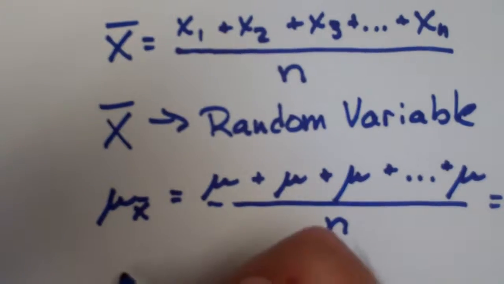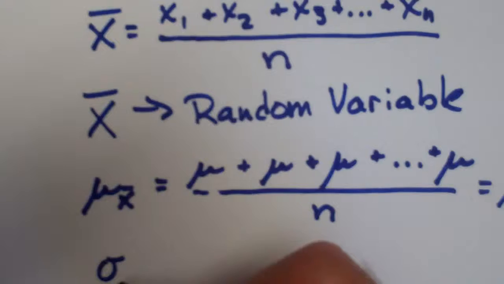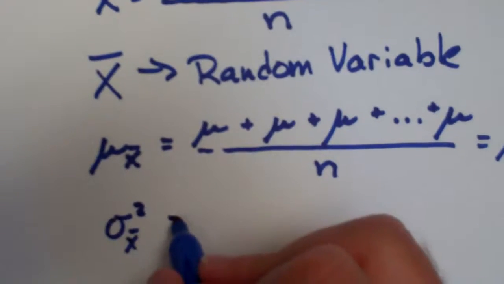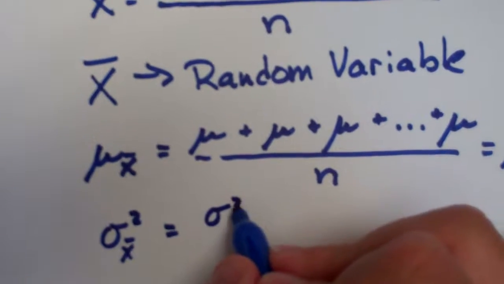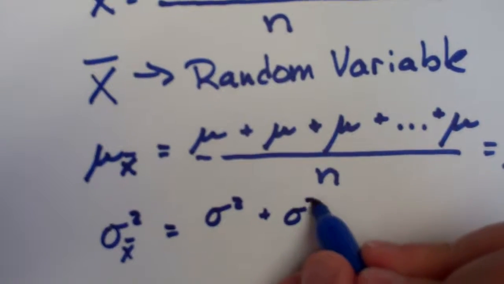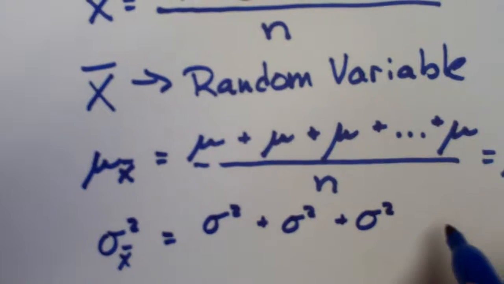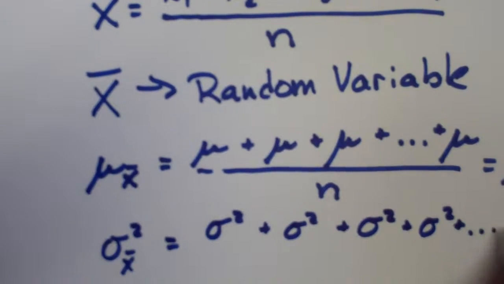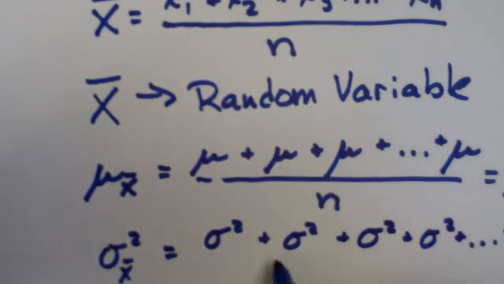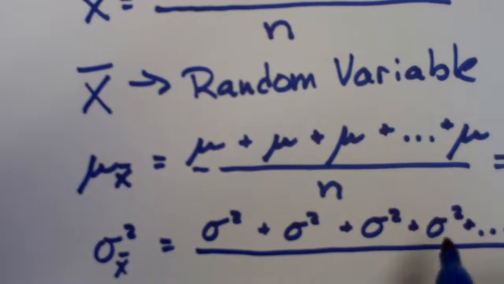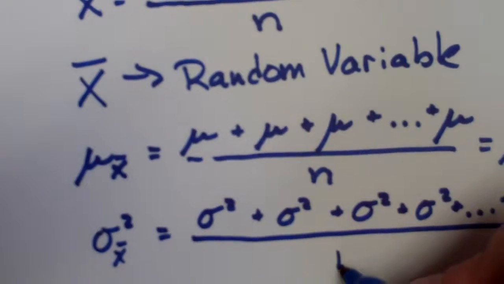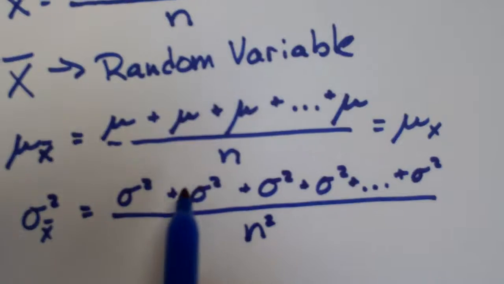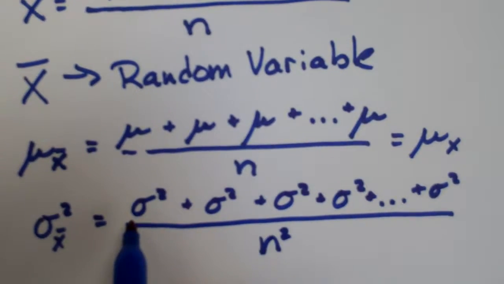Now, variance works a little bit differently, because the variance of X bar is equal to the variance of each of my individual variables. So I take n samples, add up their individual variances, but I need to divide by n squared, because this is my parameter squared. We took x minus x bar, remember, when we were calculating sigma.